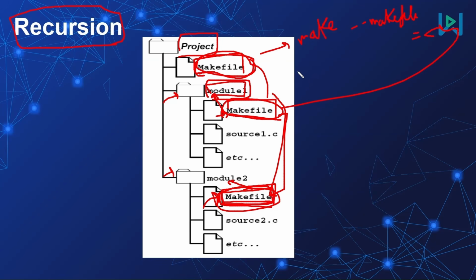Then we can add a second line within the same Makefile to invoke the module number 2 Makefile. Same here, make, then -f Makefile, and this time this will be our second Makefile.